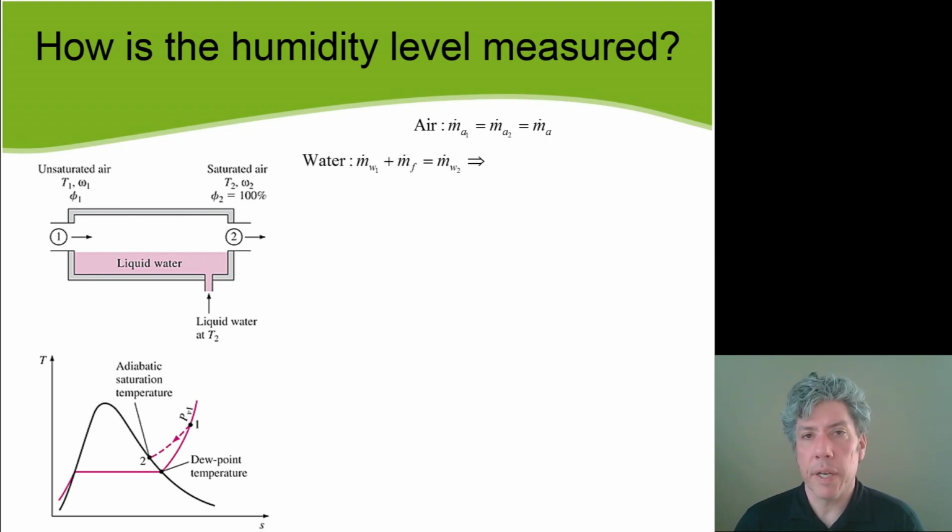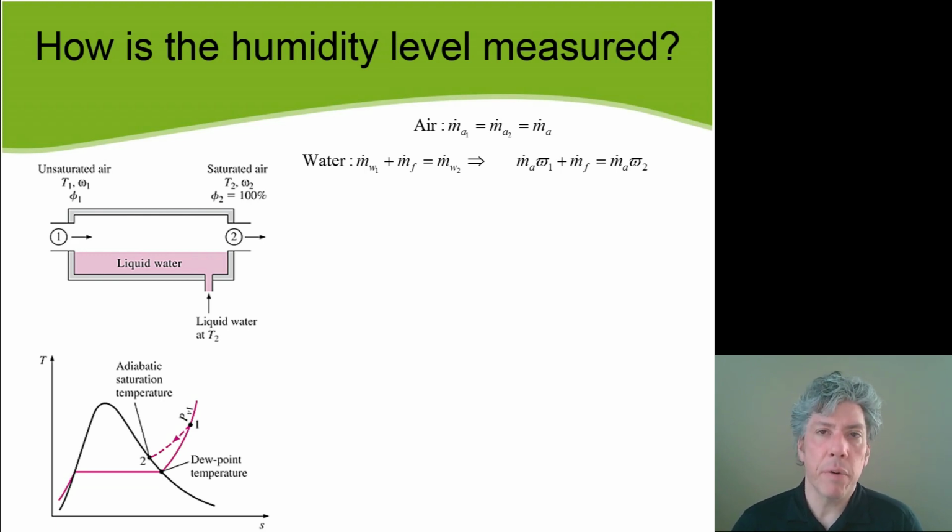The water, on the other hand, some water enters at state 1, but more is added from the liquid that evaporates. And then more mass, therefore, leaves at state 2 of water vapor than entered at state 1. Now, of course, the mass flow rate of the water coming in can be written in terms of the mass flow rate of the air simply by using the absolute humidity coming in at state 1, omega 1.